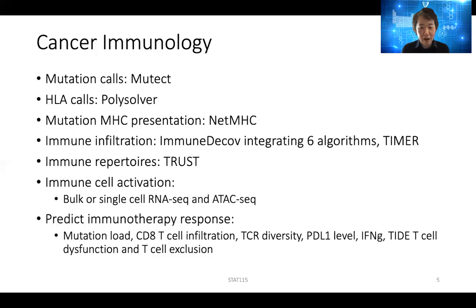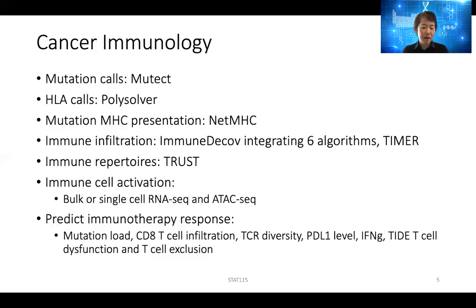So next year, we'll have a lot more. And also, there are new technologies such as single-cell ATAC-seq to profile tumor samples or other tissues to help us understand how the genes are regulated in those different immune cell types.